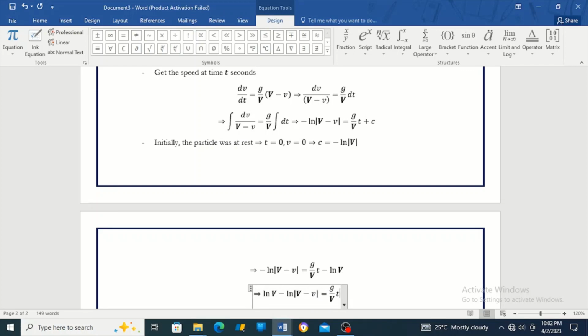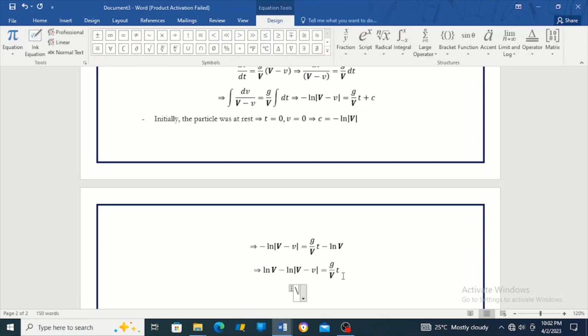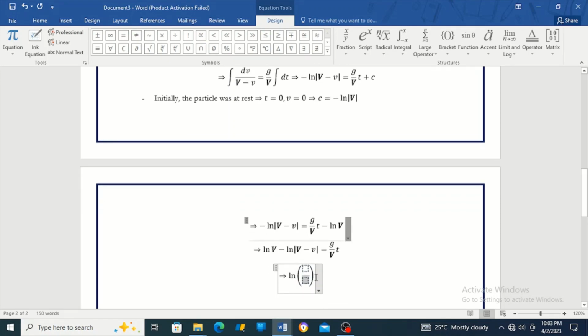Okay, now the law of logarithm, I can bring the two logarithms together. So I have the ln of, since I am subtracting and the lns are logarithm to the base e, they have the same base, I just need to divide their arguments. So I have v divided by v minus v equal to g divided by v times t.